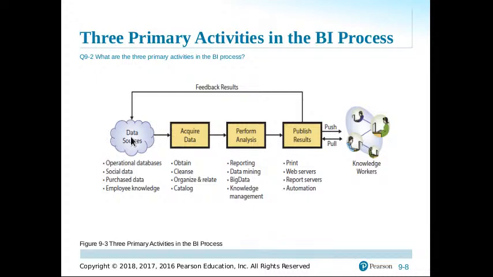The data source may be the operational or transactional database, the transactions every day for the business. So this is internal data. And maybe we have social data, some purchased data, and some other metadata or knowledge coming from the employees. All of these come together.